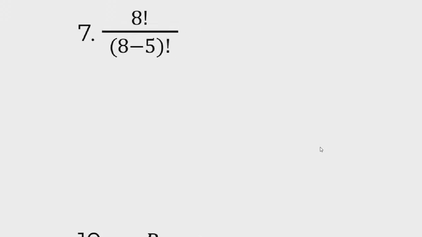For number 7, we have 8 factorial over 8 minus 5 factorial. So first you'll want to simplify the denominator. So 8 minus 5 is 3 factorial. And we can write out 8 factorial as 8 times 7 times 6 times 5 times 4 times 3 factorial.